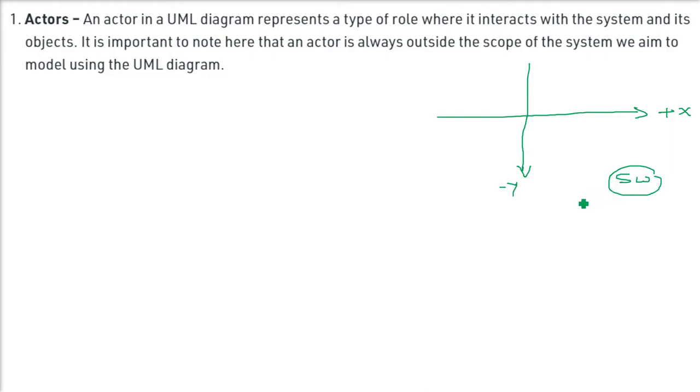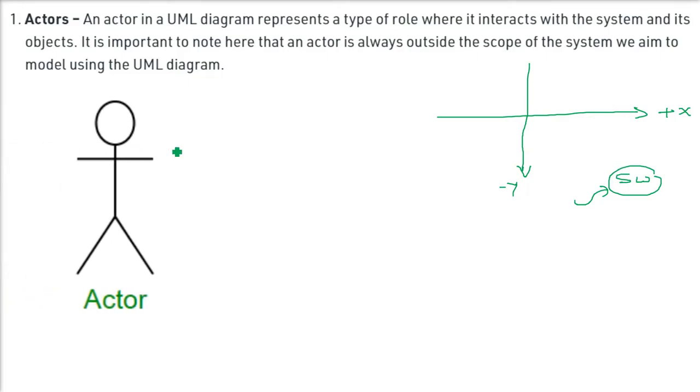somebody will use it, so that will be an actor. An actor in a UML diagram represents a person, a human, or some component or a subsystem which is interacting with the software. So actor is always outside the scope of the system.